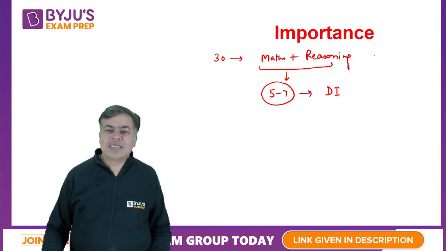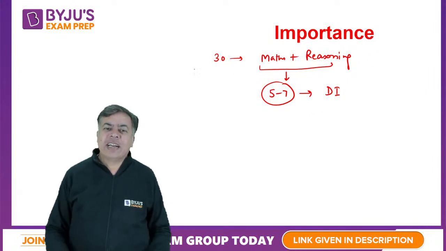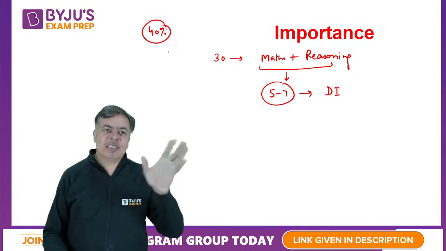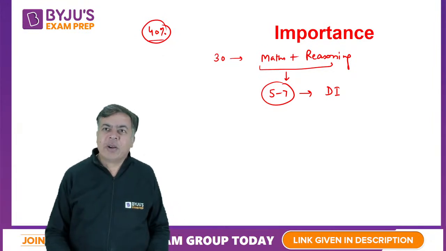Because in TISSNET there is a huge weightage for general awareness, 40%, so you should be very good at general knowledge. Then 30 to verbal and 30 to maths and reasoning.